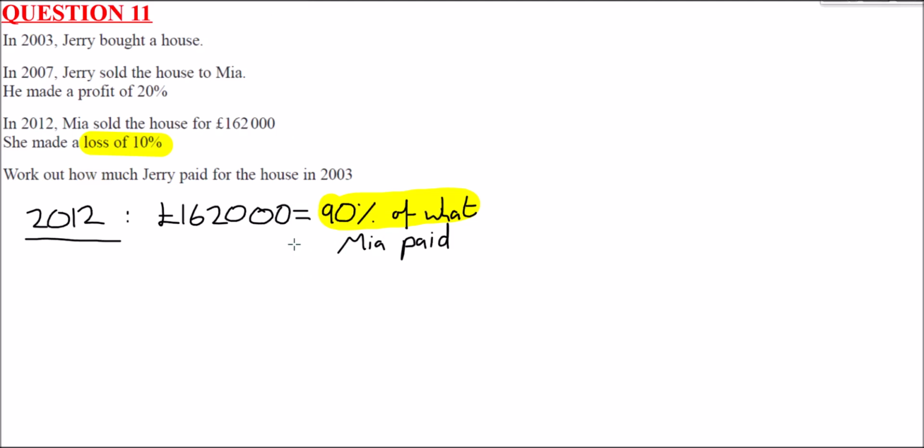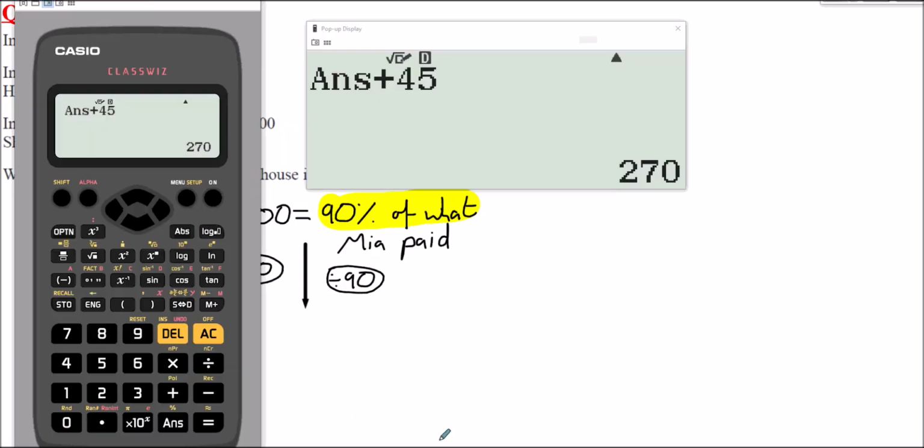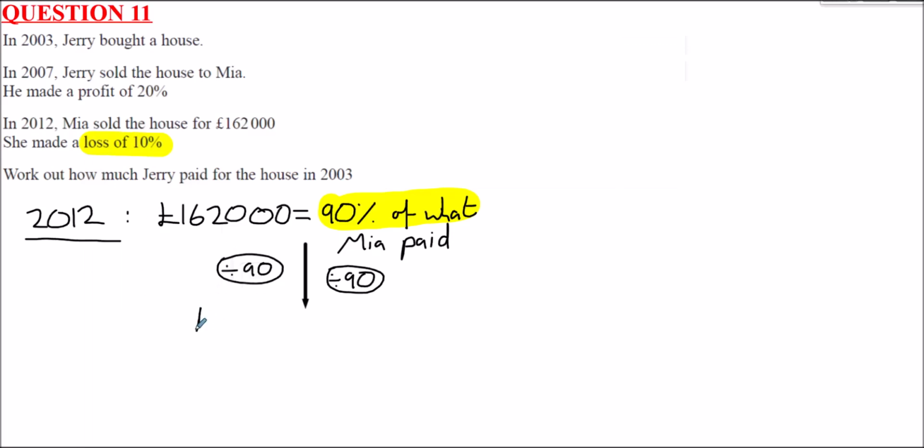So what I'm going to suggest we do here is divide by 90 to find what 1% was. So 162,000 divided by 90 gives 1,800. So £1,800 is 1% of what Mia paid.